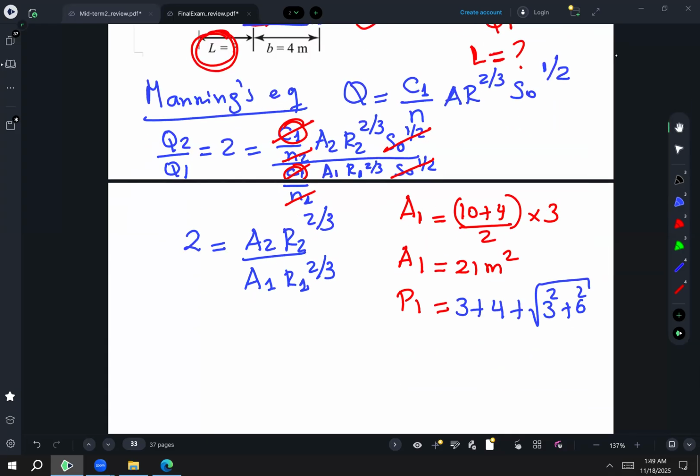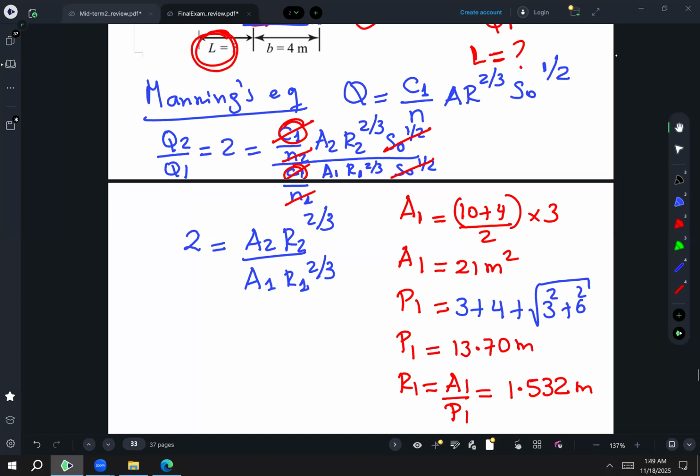Therefore, the perimeter 1 will be equal to 13.70 meters. The hydraulic radius will be area 1 divided by perimeter 1, which is 1.532 meters.